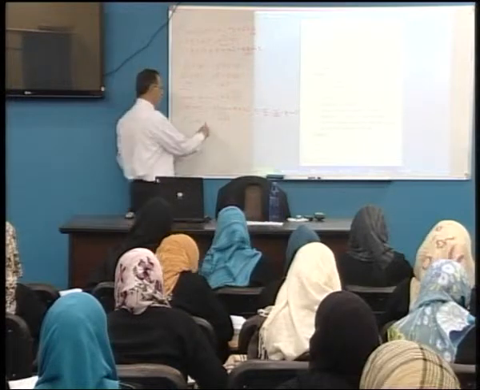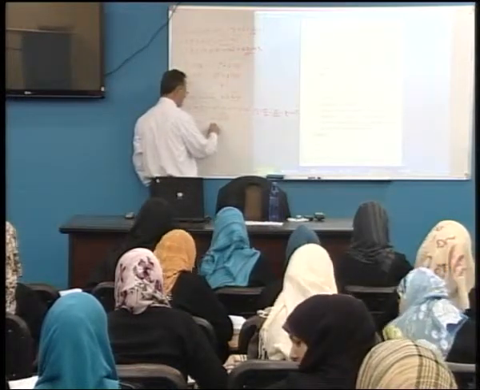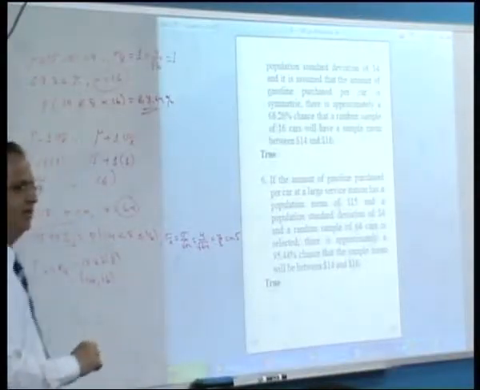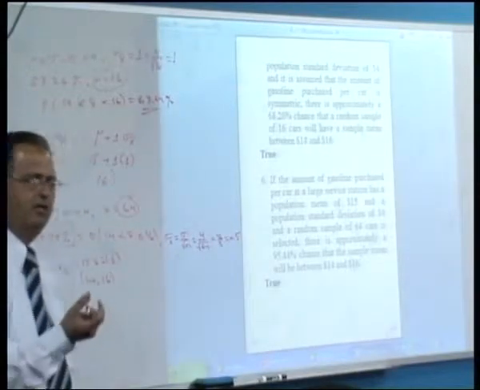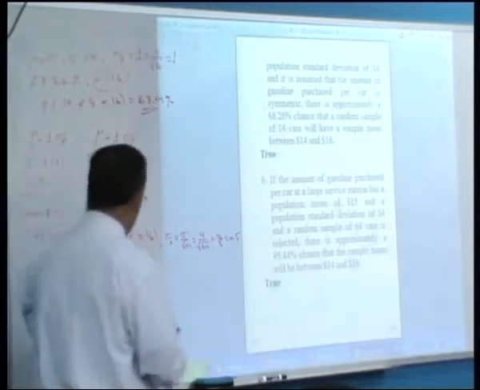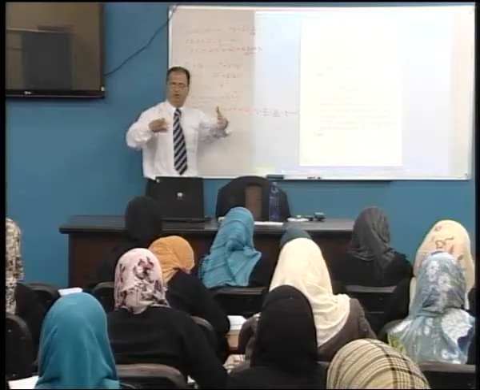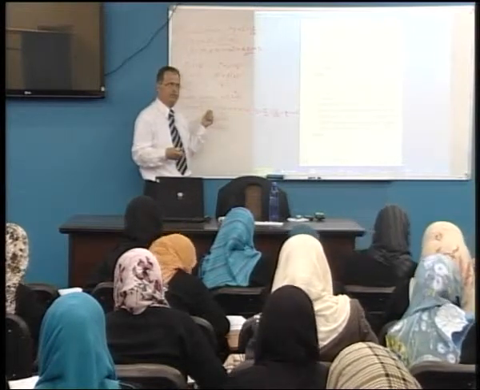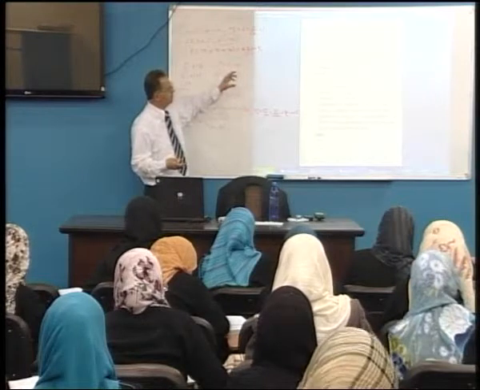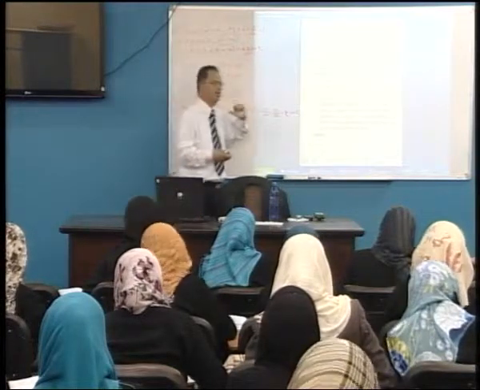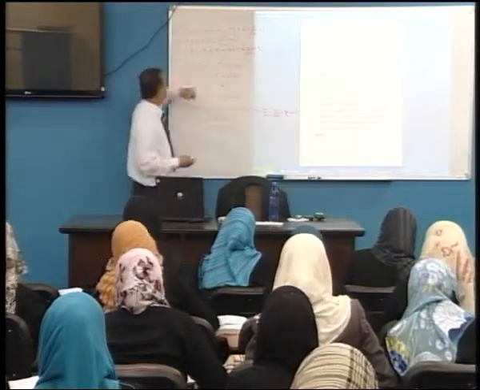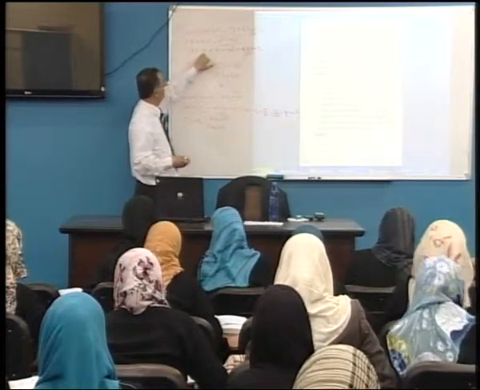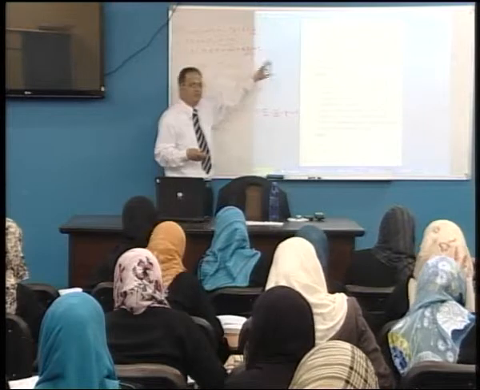That will give 15 minus 1, 14, and 15 plus 1 is 16. The probability that X bar lies between 14 and 16 equals 95%. We just changed some information a little bit, but the answer before was that the probability that X bar lies between 14 and 16 is around 68%.